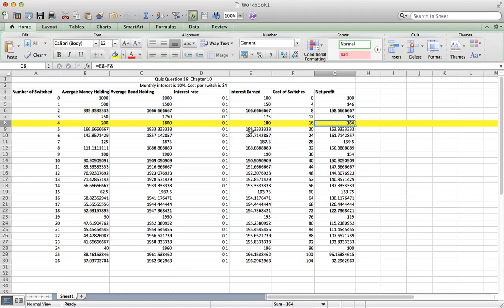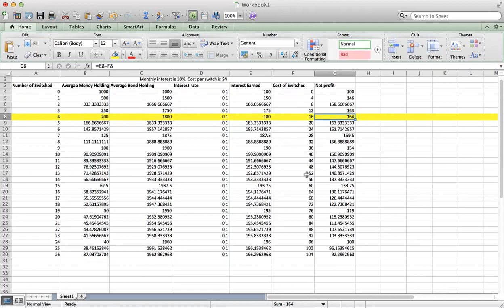So notice that interest goes up, yes, but profit goes down because you need to take out the cost of switches. So we reach the maximum profit when we have 4 switches. So maximum profit will be 164. Beyond that, it will go down.